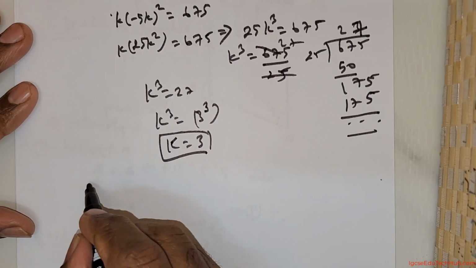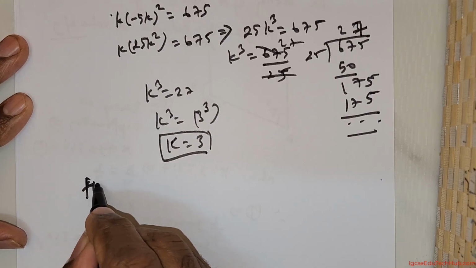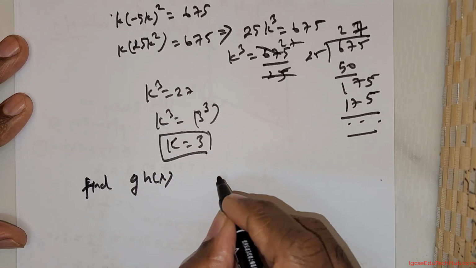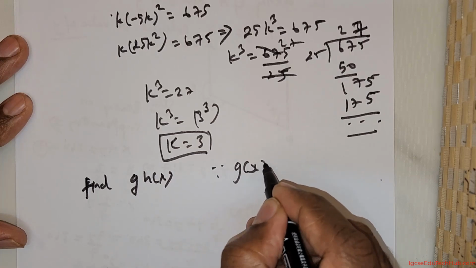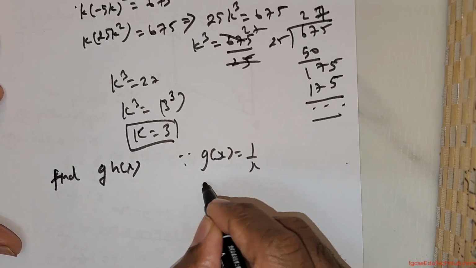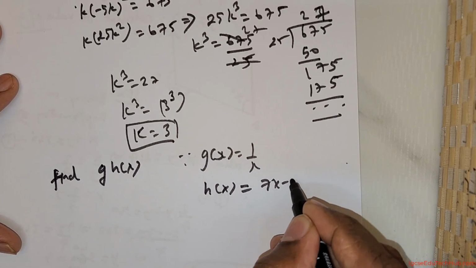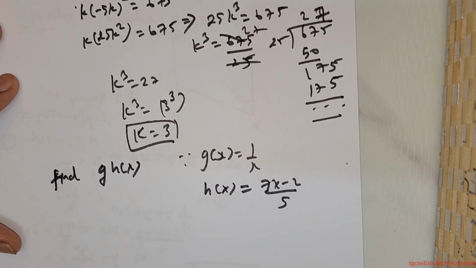Now this is the second part, find gh of x. Now we have g of x to be 1 over x, h of x to be equal to (7x - 2) over 5.